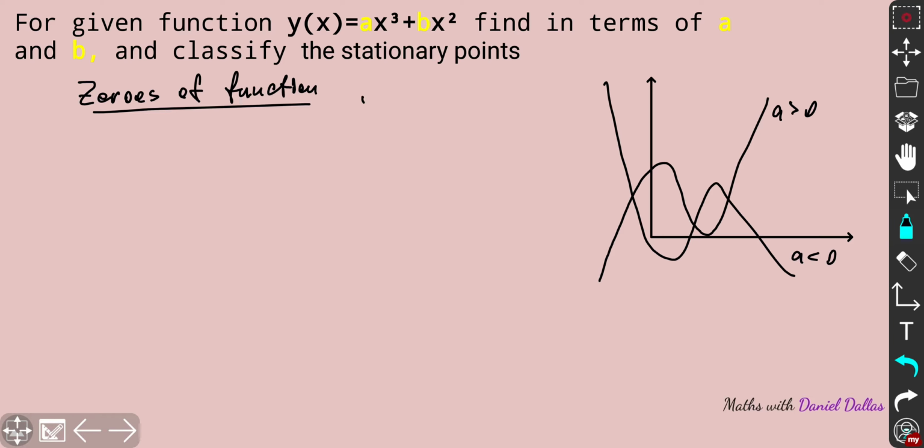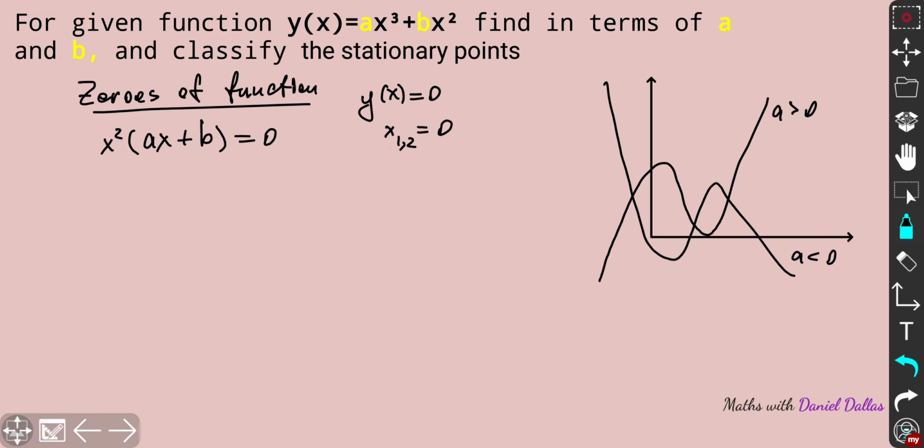And this is the first step. So y of x equals 0, that means the zeros of the function, and we try to solve this cubic equation. We factorize it in advance: x squared times (a x plus b) equals 0. So we will actually have 3 solutions.